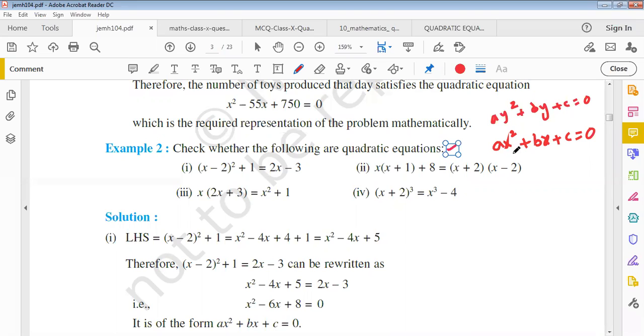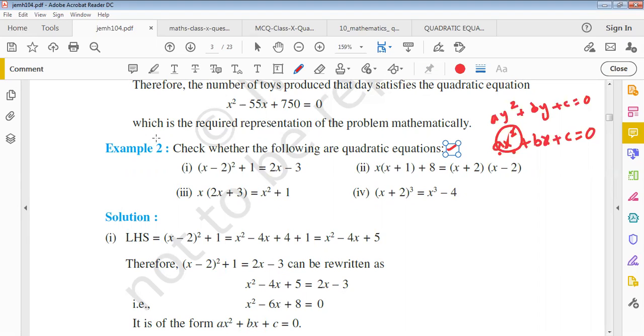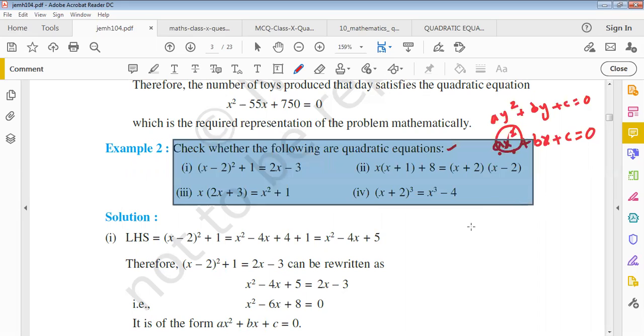If the degree is more or less, if x square is absent, then that is not a quadratic equation. If x square is present but there is a higher degree as well, that is also not a quadratic equation. There is a series of questions given. Let us go through the series of questions, then we'll solve this one. Then we'll try to understand the other content. Okay, fine. Now come back to this content.